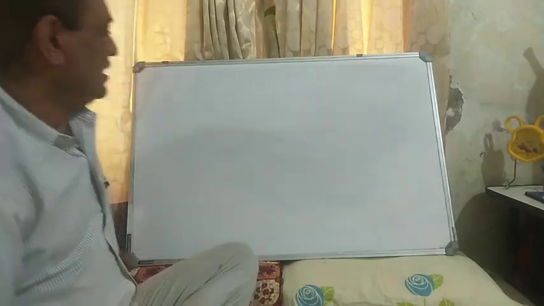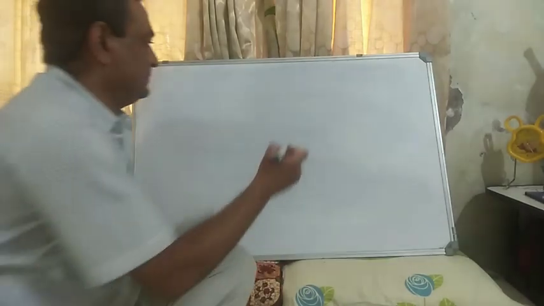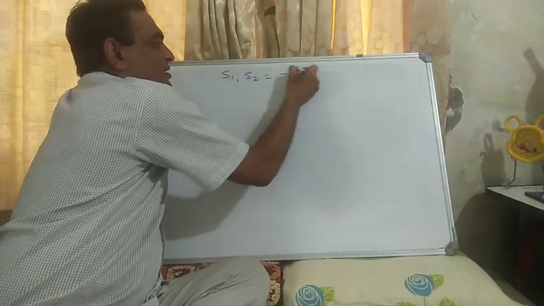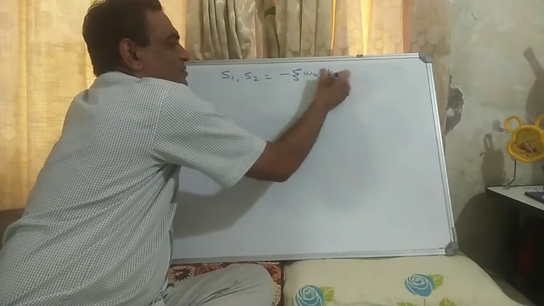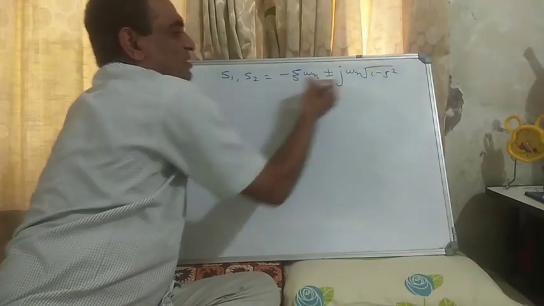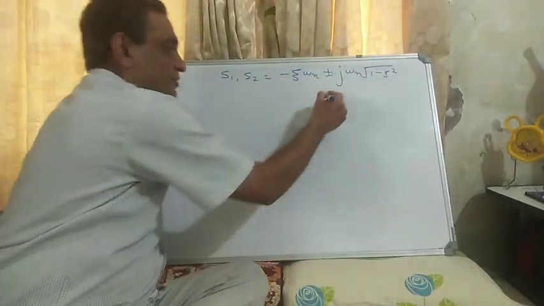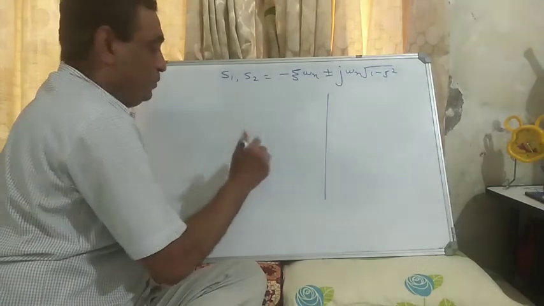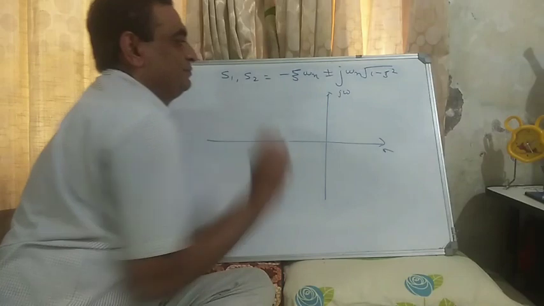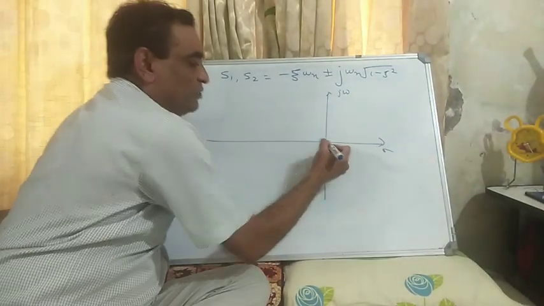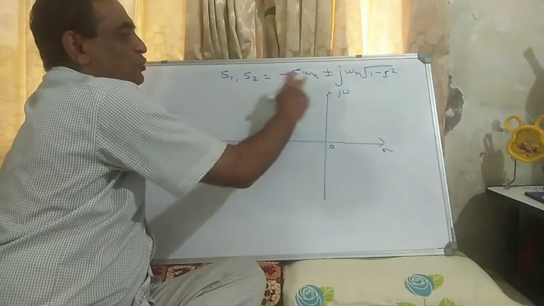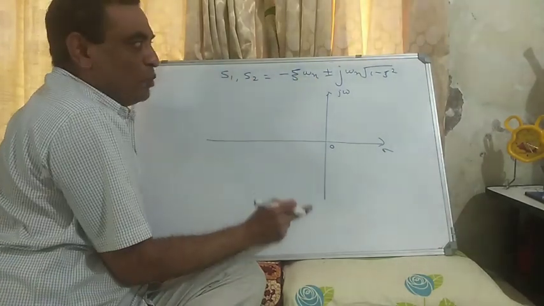Now, let us understand with the help of S-plane. My roots are S1, S2 as minus xi omega n plus minus j omega n into under root of 1 minus xi square. These are complex conjugate pair. This is very, very important now. This is my S-plane. This is origin of the S-plane. Now, these poles S1 and S2 occur in complex conjugate pair.